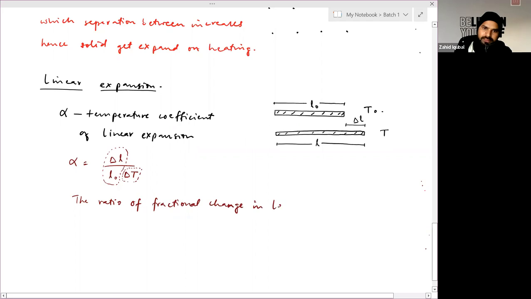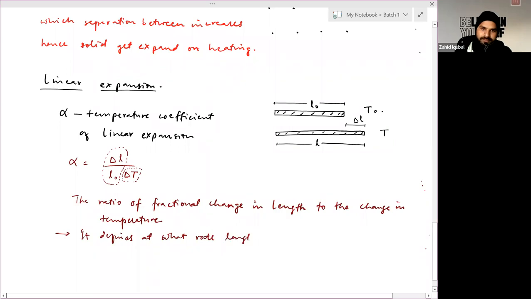It simply defines at what rate length will increase or decrease with respect to change in temperature.